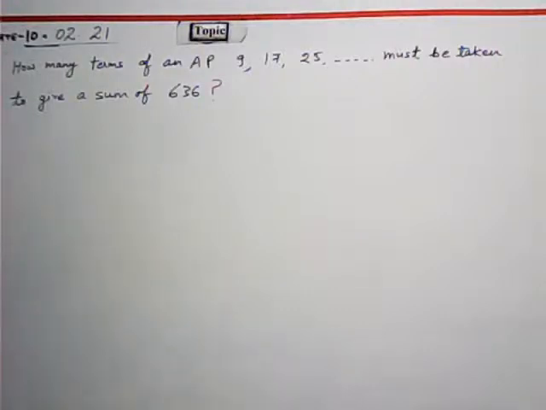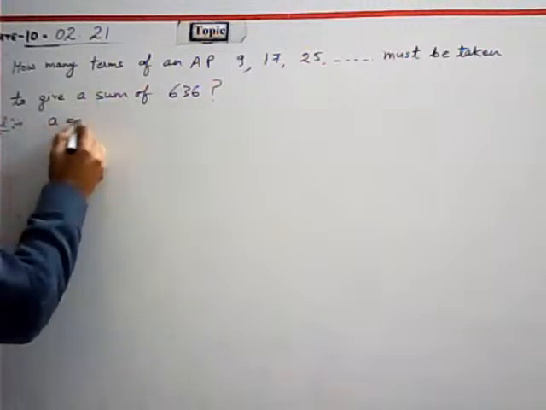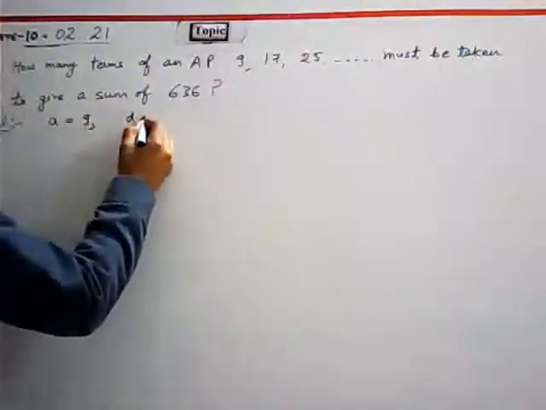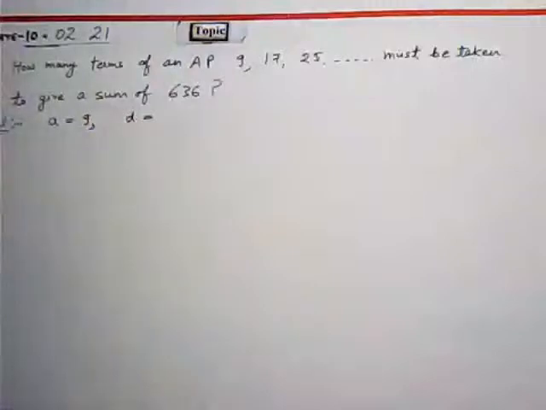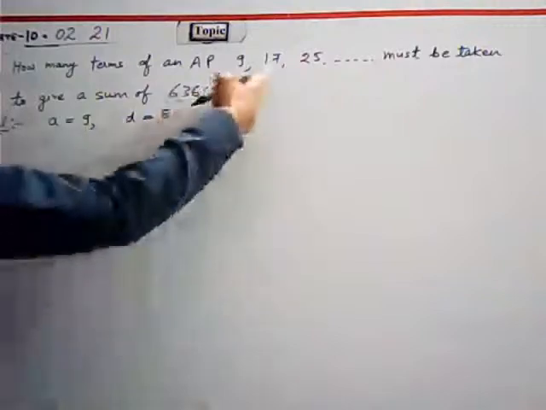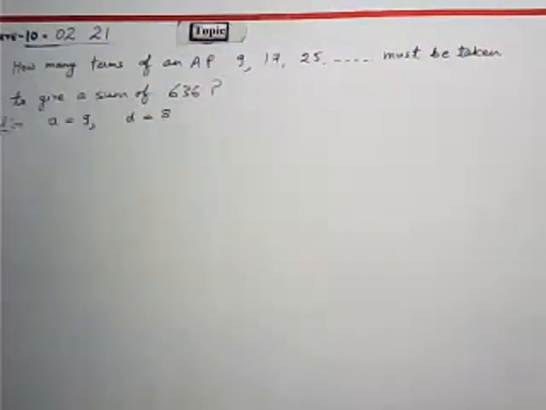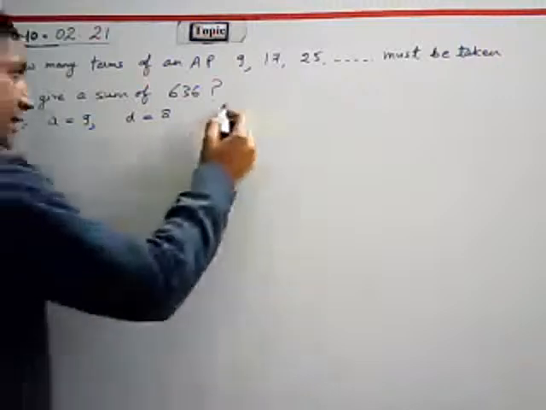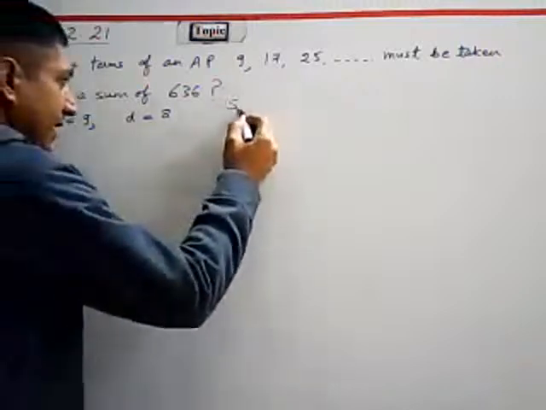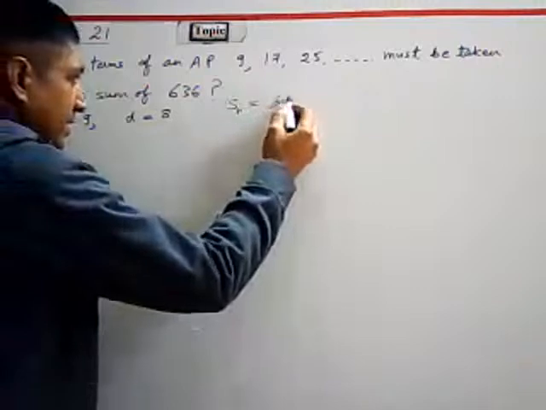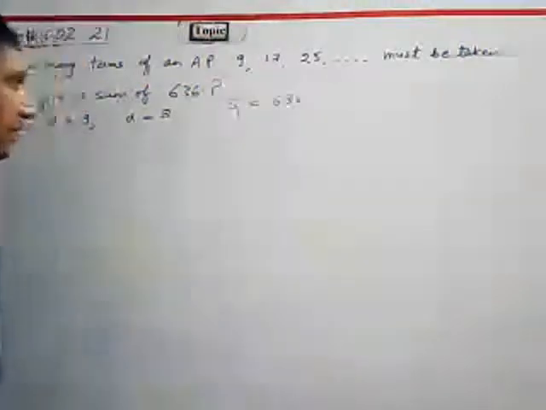So here we have the first term, a is 9. Common difference, that is second term minus first term, d is 8 here, 17 minus 9. And Sn is given, that is 636, right?